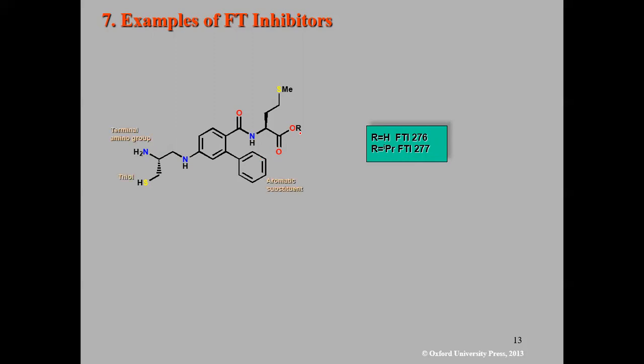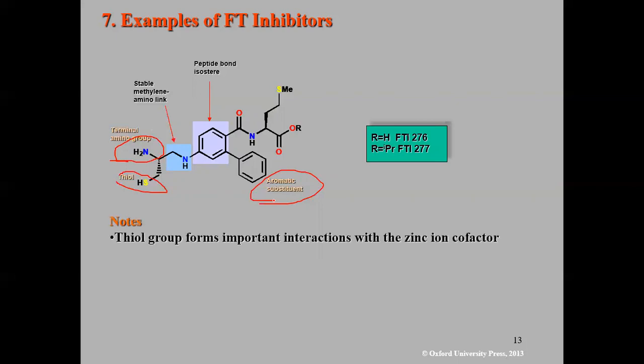They kept the thiol group because it's important for activity, and the terminal amino group, because it's important for the binding to the enzyme, and they put an aromatic substituent to resemble the inhibitory activity of the phenylalanine. They used a stable methylene amino group instead of the terminal peptide bond, and they used a phenyl group as a peptide bond isostere. Okay. The thiol group forms important interaction with the zinc ion cofactor.